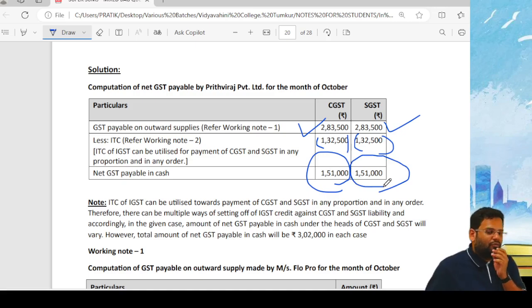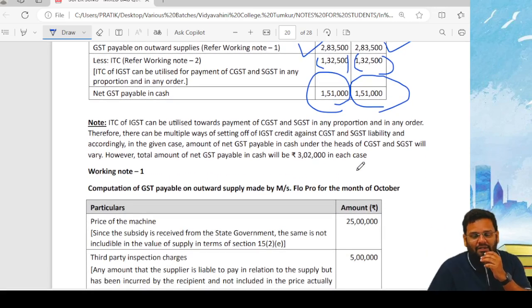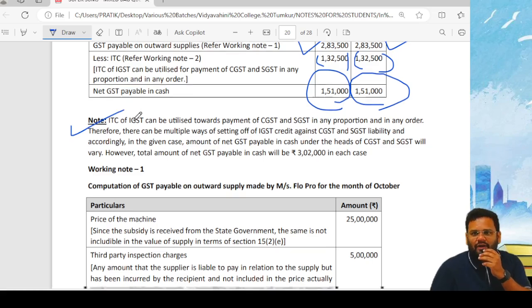Agreed? Will you be able to solve it in 10 minutes yourself? Try doing it with notes. Which notes will come up? Just pay attention. One is the 49.5 note.